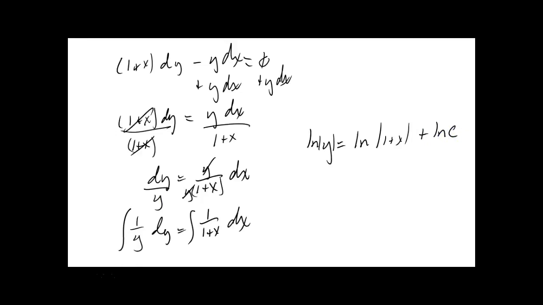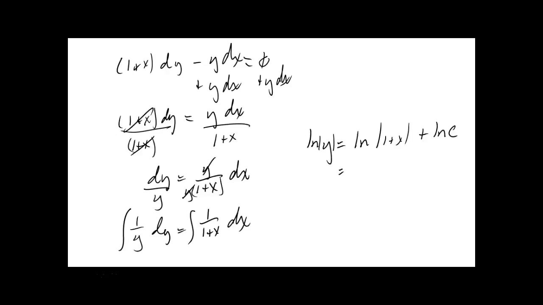Okay. All right. Now, if I want to write that explicitly as a function of y, then I would do a little bit here. What do you get if you have the sum of two logs? What log principle?